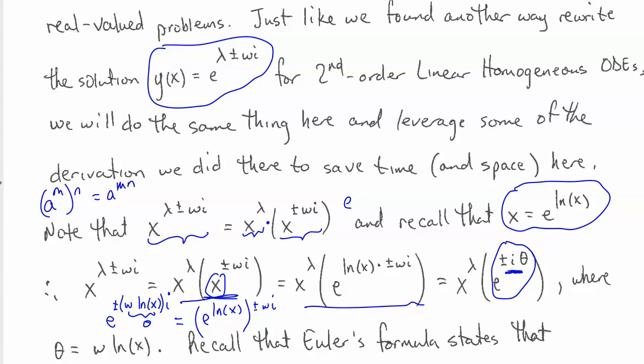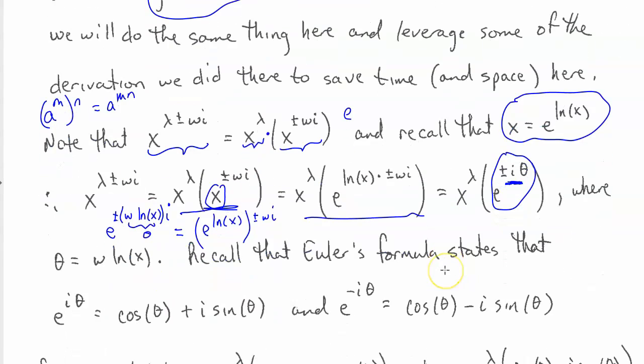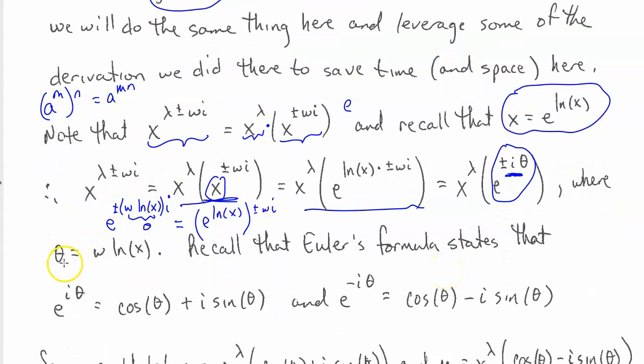So it looks funny, but it works. And so that's why I say here that what we see here is actually this, where our theta is going to be omega times natural log of x.